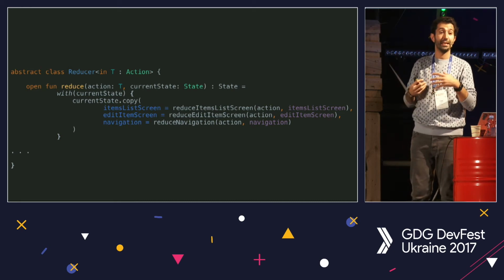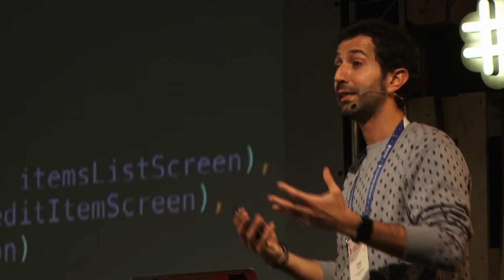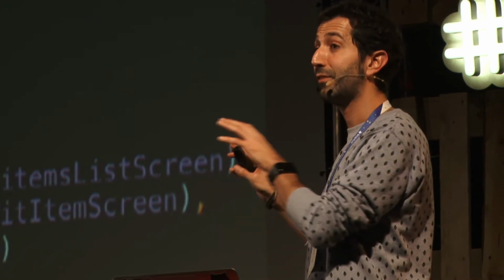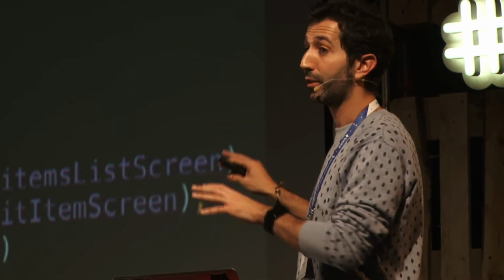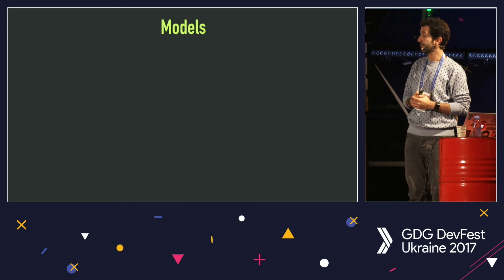The state is immutable, so we are going to take advantage of immutability in Kotlin and the copy function, so we are going to reduce just the different parts that we need to reduce. If, for instance, our action doesn't have anything regarding the item list screen, then we are going to take the content from the previous state. So we don't always have to change all the different parts of the state.